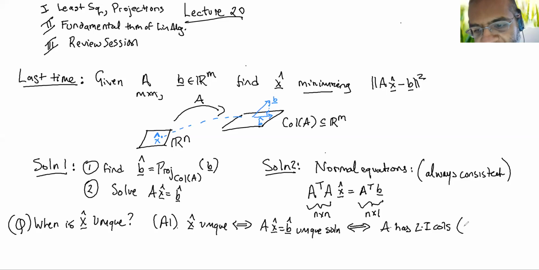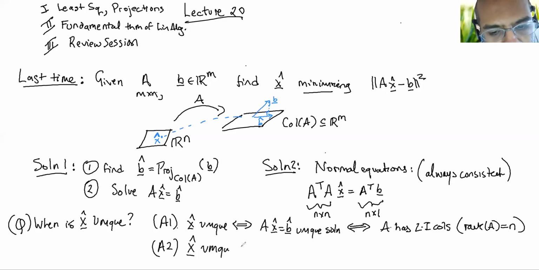which is another way of saying that the rank of A is equal to n, because there are n columns. Right? So that's one exact condition for when x hat is unique. But you can actually get a second answer by looking at the normal equations, right? Because there are two different ways of computing x hat. So it's unique if and only if the normal equations, A transpose A x hat equals A transpose b, have a unique solution.